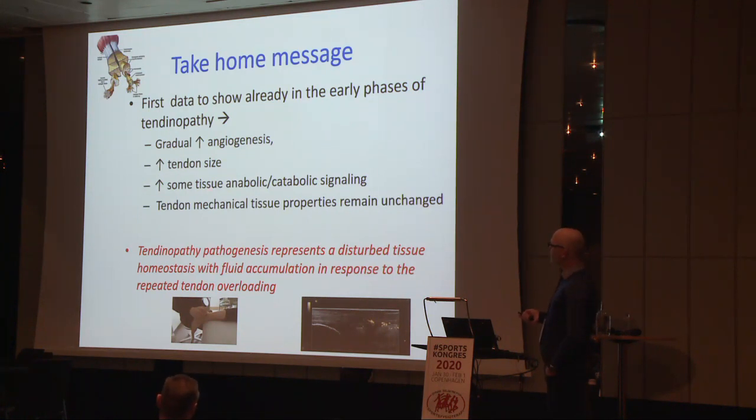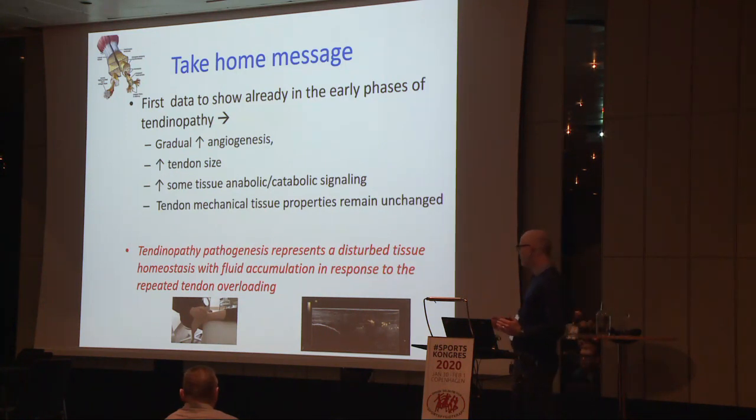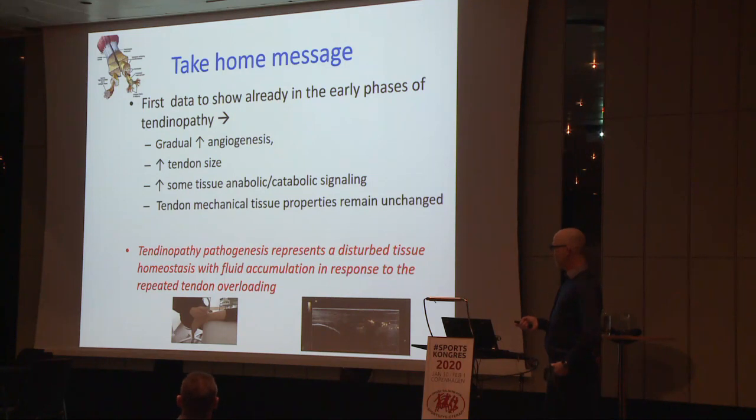There also seems to be some tissue anabolic and catabolic signaling increased, but not for many factors, and the mechanical properties seem more or less unchanged in this phase. So tendinopathy seems to be a pathogenesis of disturbed tissue homeostasis with some fluid accumulation in response to repeated overloading. So thank you very much.